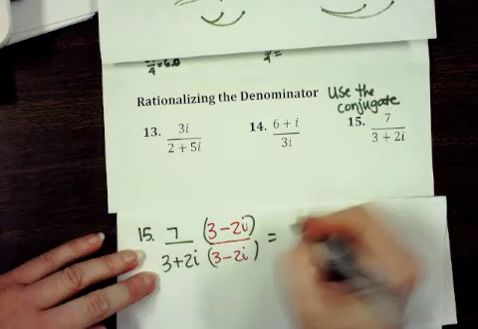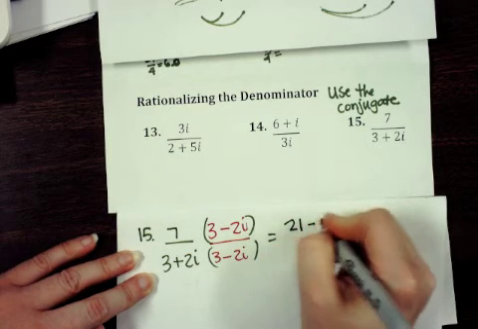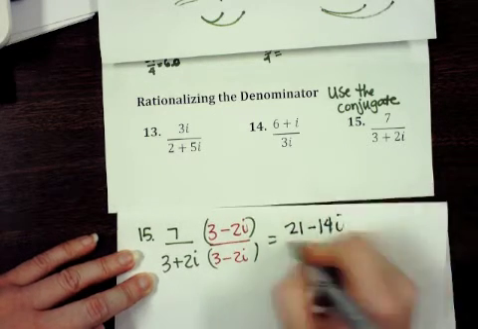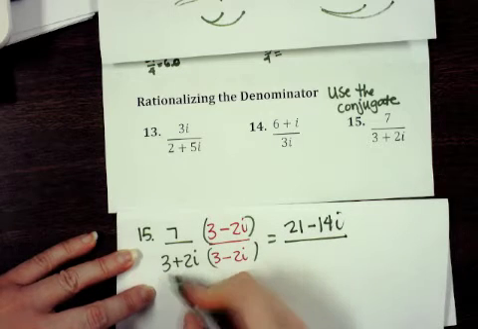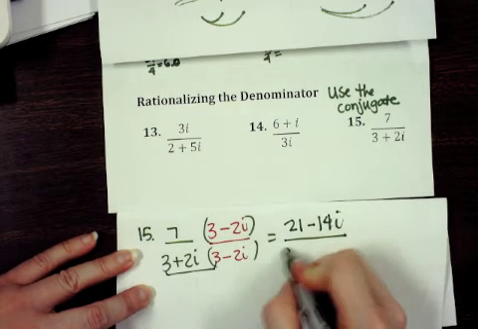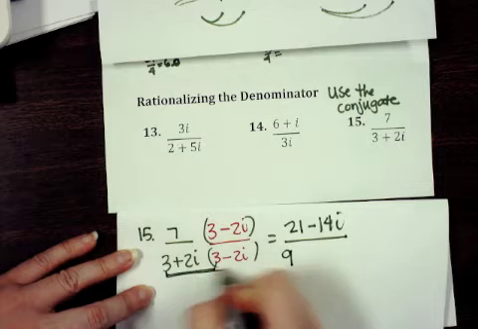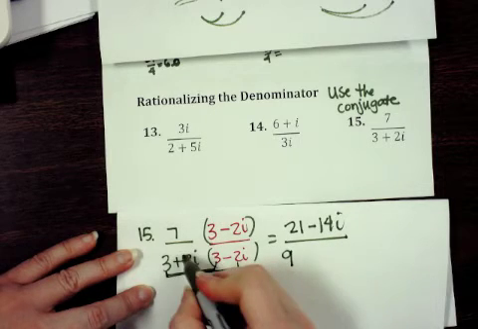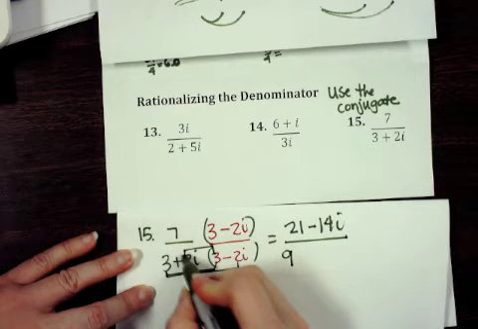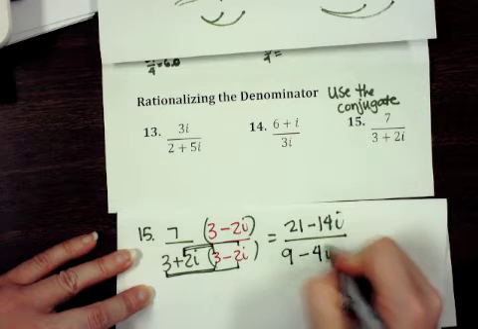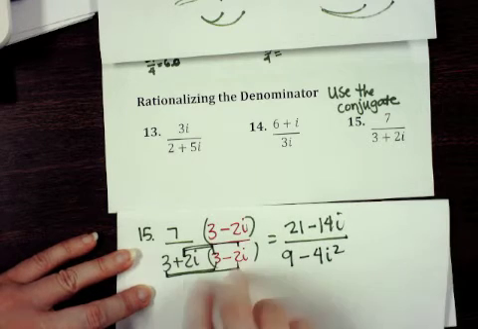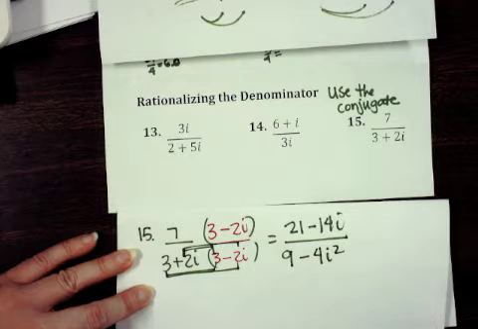So I'll have 21 minus 14i over, this again is a FOIL, so it's 9 minus 6i plus 6i minus 4i squared, because the O and the I cancel out.